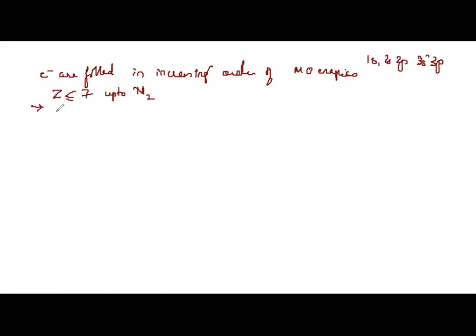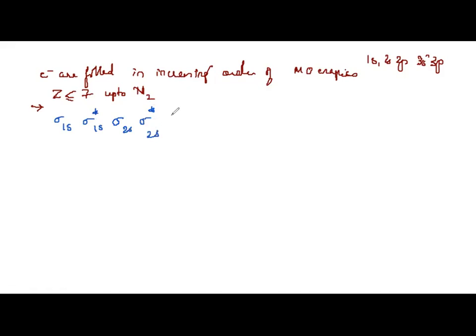So the first, lowest energy is sigma 1s. Sigma is written and as a subscript 1s is written. Then next is sigma star 1s, anti-bonding. Sigma 2s, sigma star 2s.